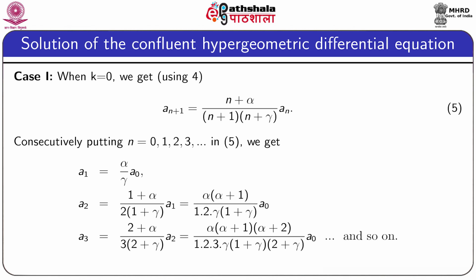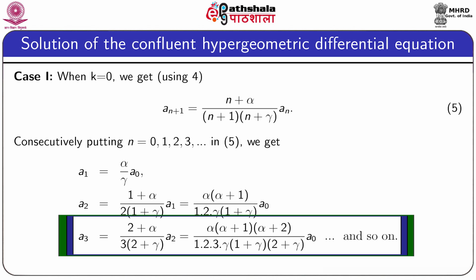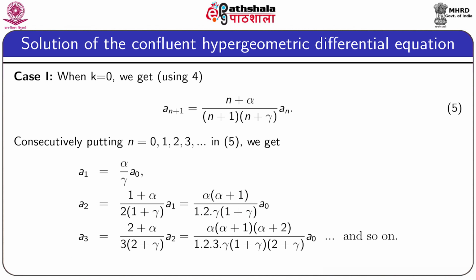In a similar manner, we can calculate a3 is equal to alpha into alpha plus 1 into alpha plus 2 divided by 1 dot 2 dot 3 into gamma into gamma plus 1 into gamma plus 2 a0.